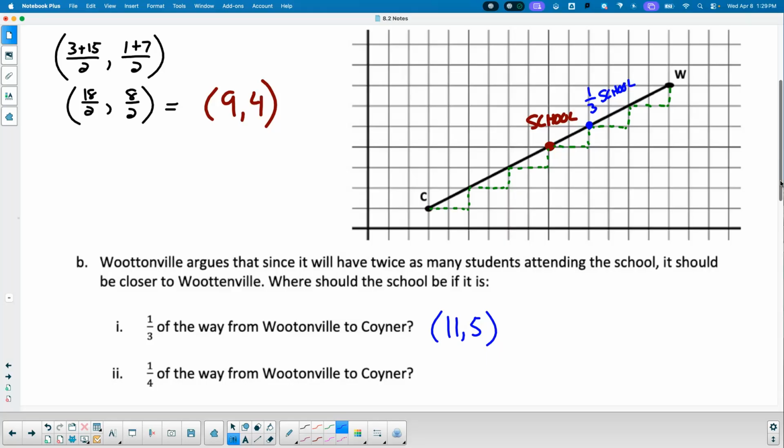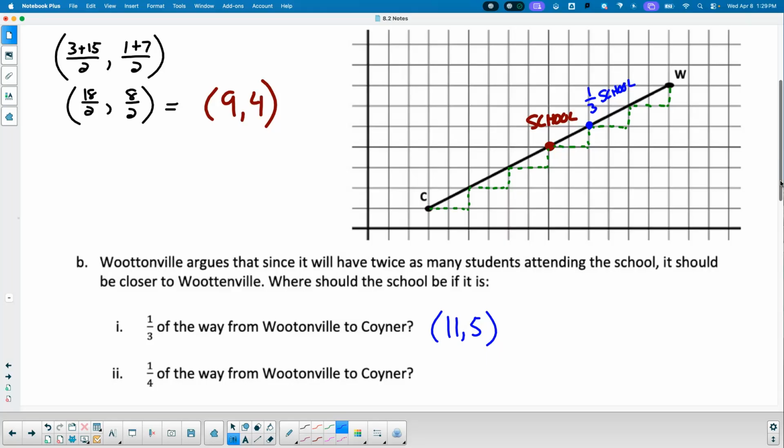If there's 6 units between us, and I only want to go 1/4 of the way, how am I going to figure out how far I have to go? 6 divided by 4? Okay, or 6 times 1/4, right? Yep, okay. All right, what is 6 times 1/4, or 6 divided by 4? 3/2, which is 1.5.